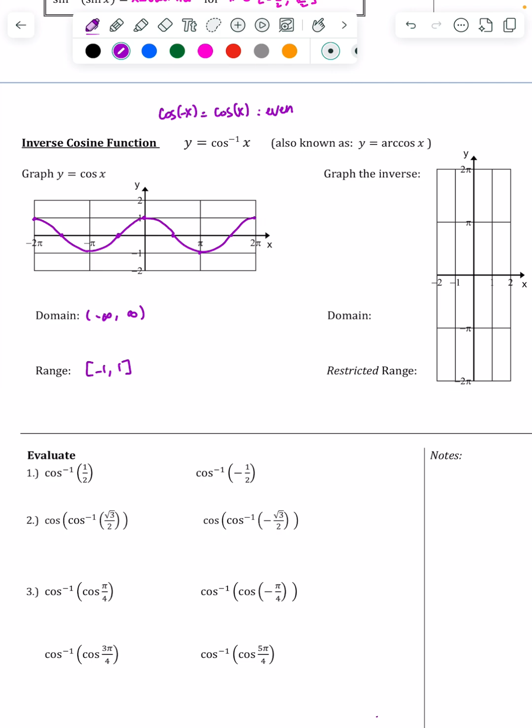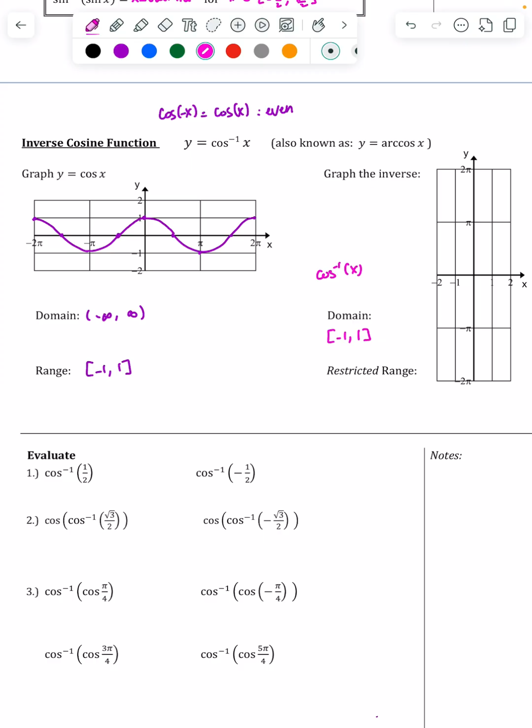Now we're going to inverse cosine. Let me change the color here for inverse cosine of x. The range becomes the domain, so the domain now is -1 to 1, whereas the domain becomes the restricted range. Let me first graph it, then dash it. Remember, up is pi, 2 pi, and down is -pi, -2 pi.